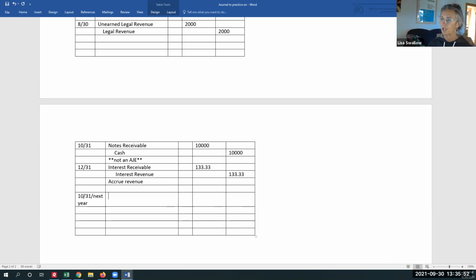Okay, so here I am a year later. Tam's going to write me a check for everything that I lent her, plus a year's worth of interest. Well, one thing I know right off the get-go is I no longer have this asset. I think maybe in the instructions, I said something about crediting cash. You're not crediting cash, you're getting cash from her. Sorry. So I need to pull the receivable off my books.